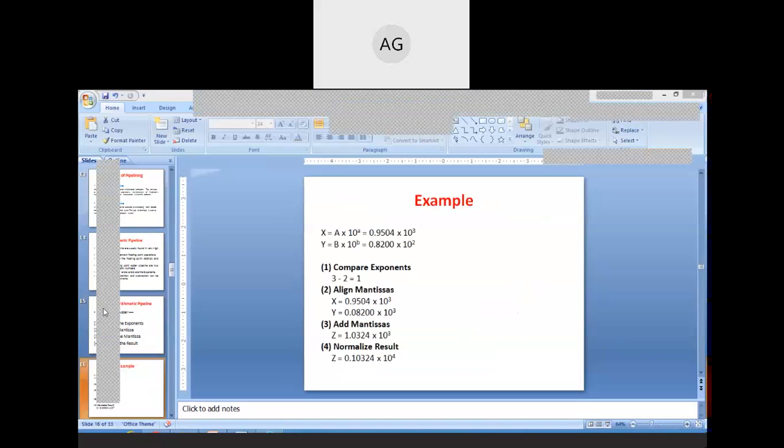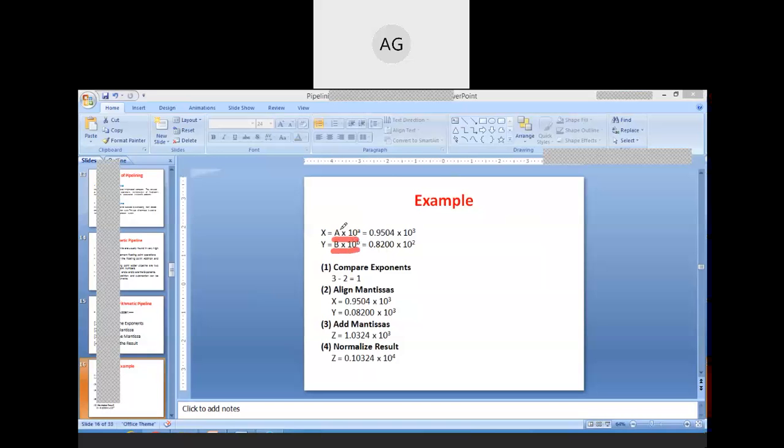Here you need to perform the addition. x is given in the form of mantissa and exponent. Here x is equal to A into 10 to the power a, and y is equal to B into 10 to the power b.